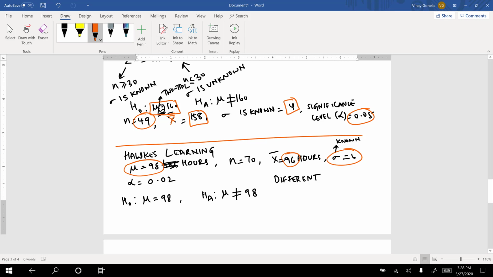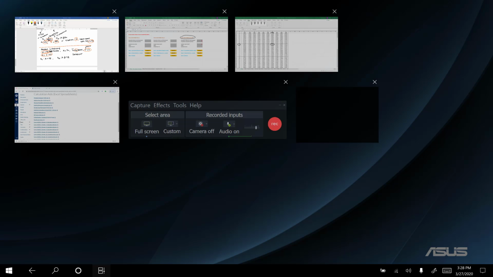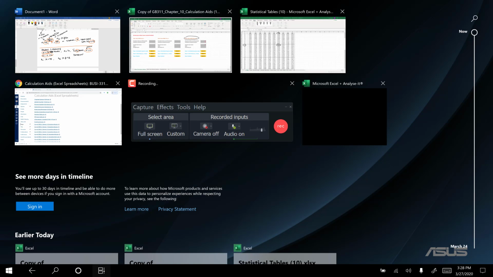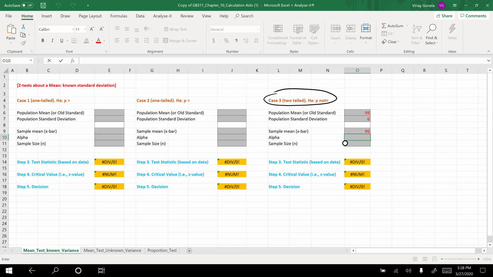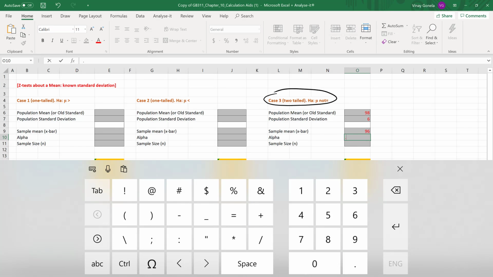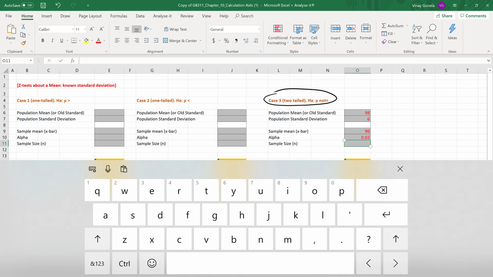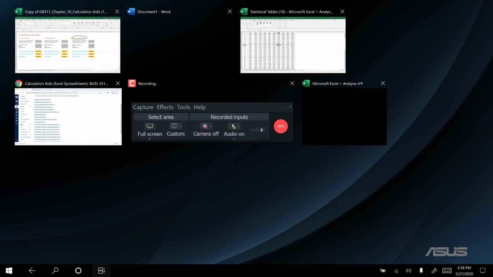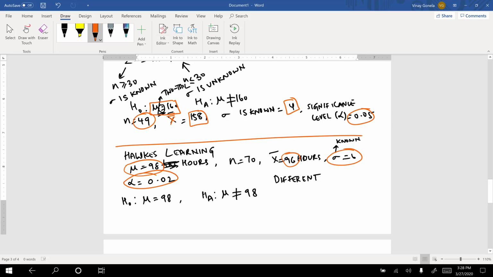The significance level is 0.02, which also means a 98% confidence interval. And the sample size n is 70.